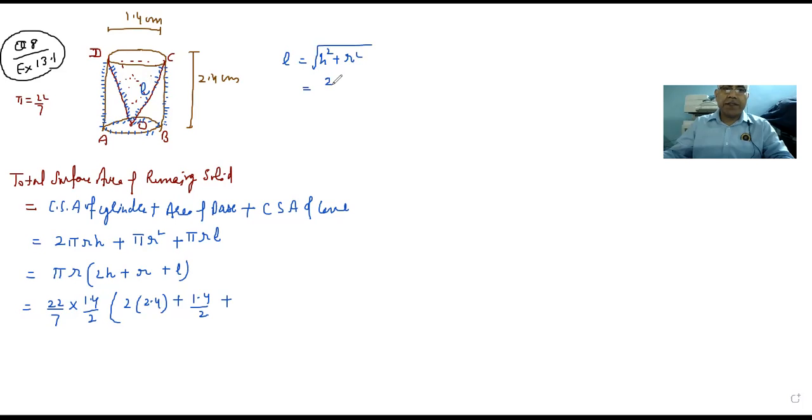So height is 2.4, radius is 1.4 divided by 2, that is 0.7, whole square. 5.76 plus 0.49, so this is 6.25.